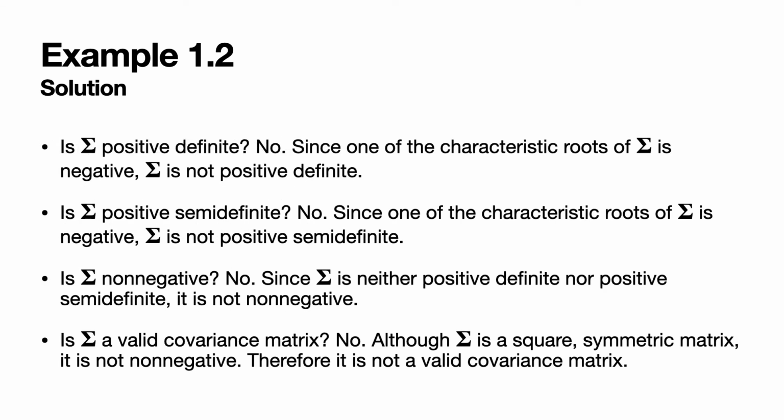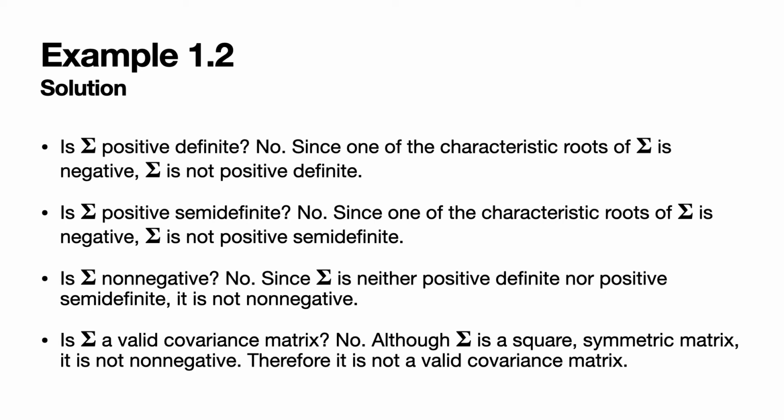Okay, next, we answer the following questions. Is cap sigma positive definite? The answer is no. Since one of its characteristic roots is negative, cap sigma is not positive definite. Is cap sigma positive semi-definite?